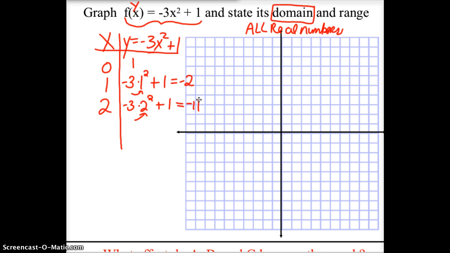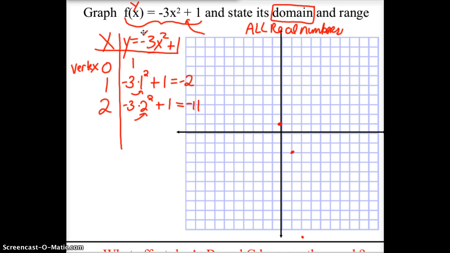That's enough. All I need is 3 points as long as one of them is the vertex. And when there's no b term, we said that vertex is at 0. We'll discuss why in a later section. So we've got 0, 1, and then I've got 1, -2, and I've got 2, -11, way down here. Notice how skinny it's getting, and it's because it's getting really stretched out.